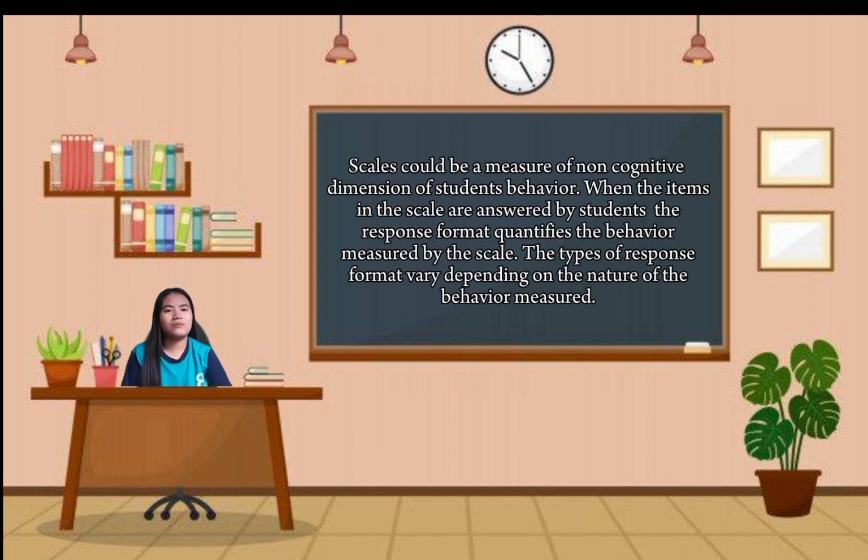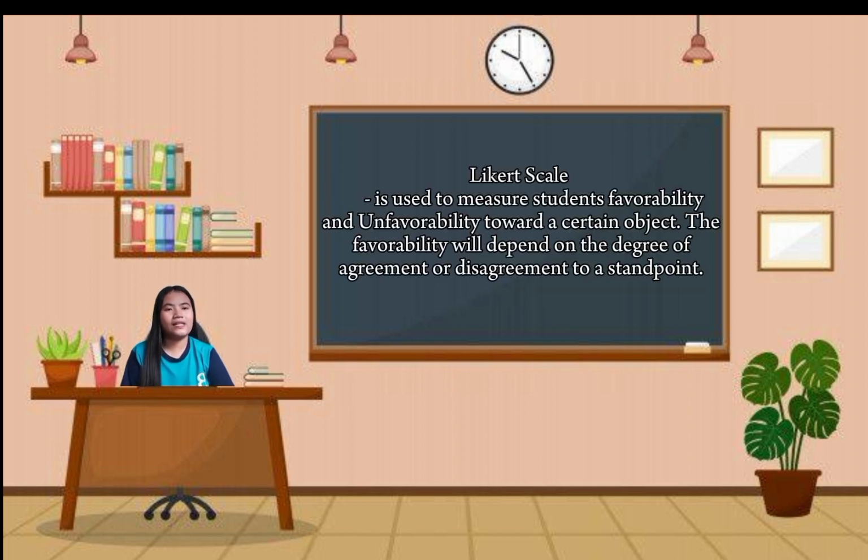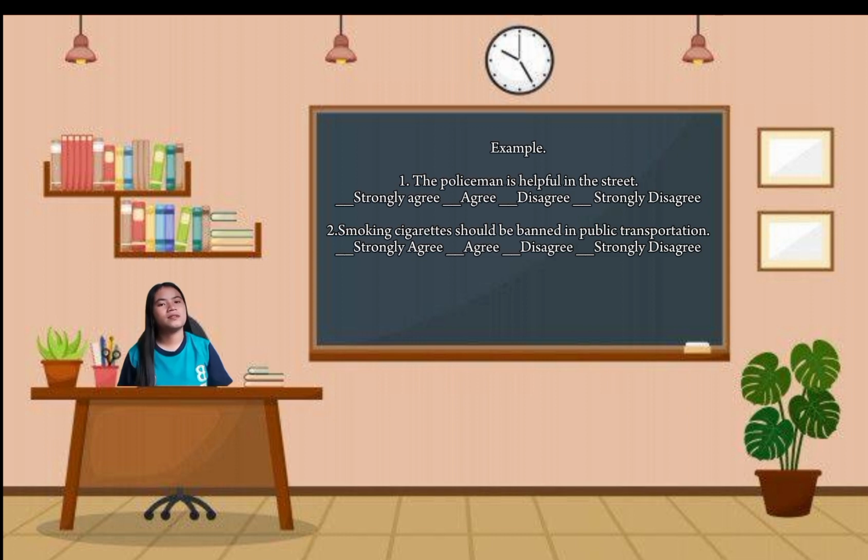So, the types of response format vary depending on the nature of the behavior measured. So, Likert scale. The Likert scale is used to measure students' favorability and unfavorability towards a certain object. The favorability will depend on the agreement or disagreement to a standpoint.